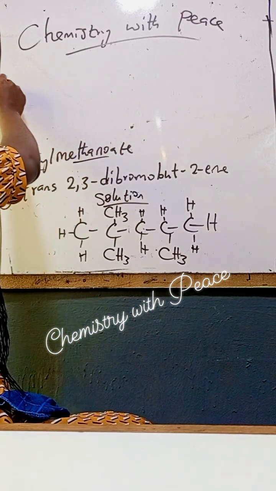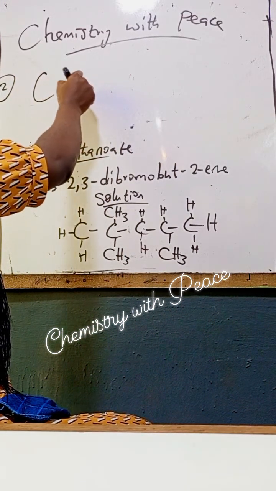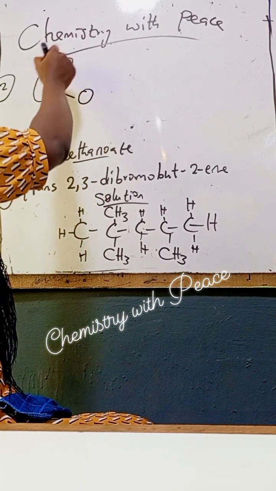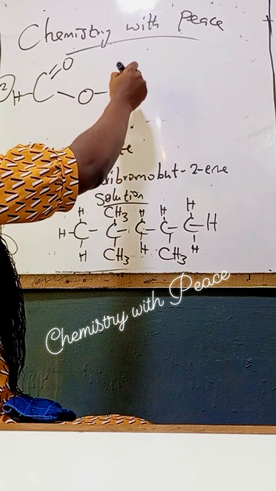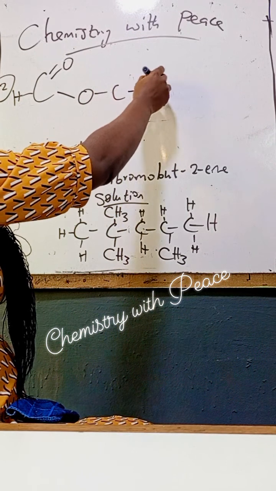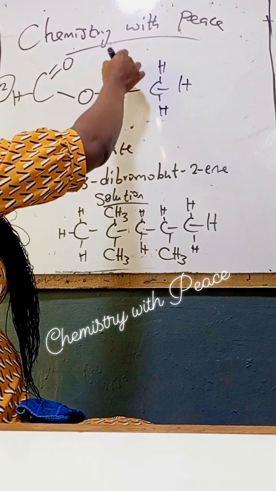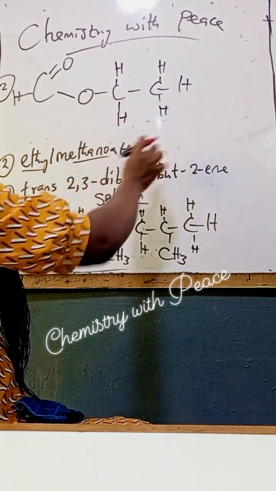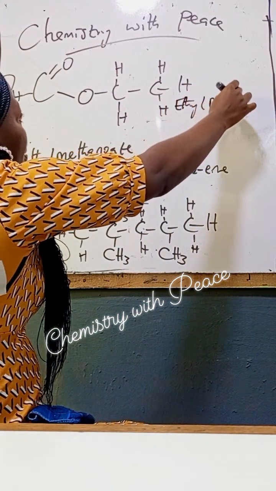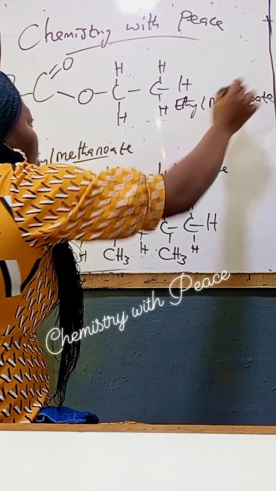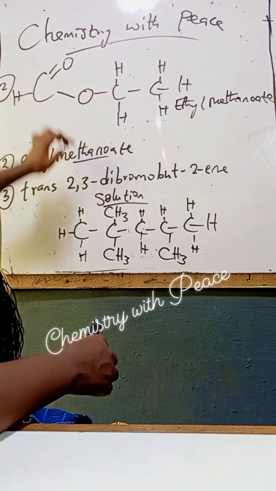So this is the structure for the second one. So this is ethyl methanoate.